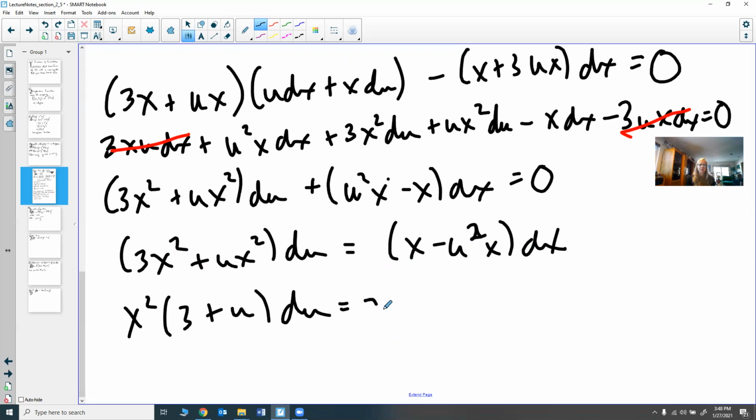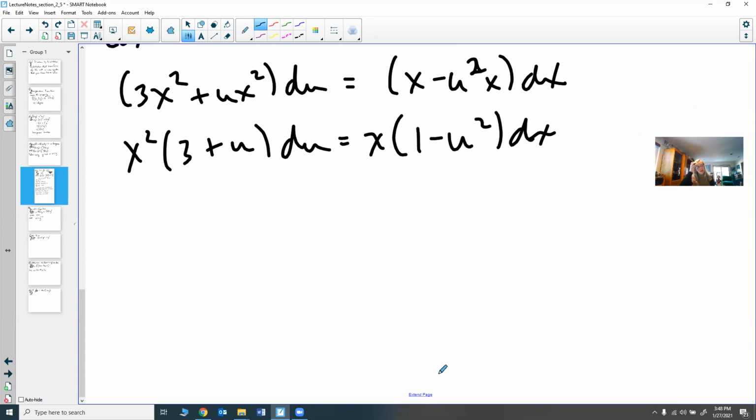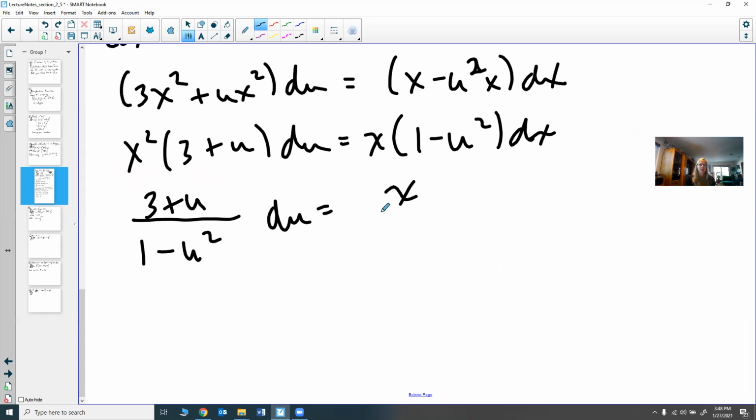These two terms have an x in them, so I can pull them out. And what I notice is this is separable. Usually when you have homogeneous functions and you do the substitution, you will end up with separable equations. We will have 3 plus u over 1 minus u squared du is x over x squared dx.